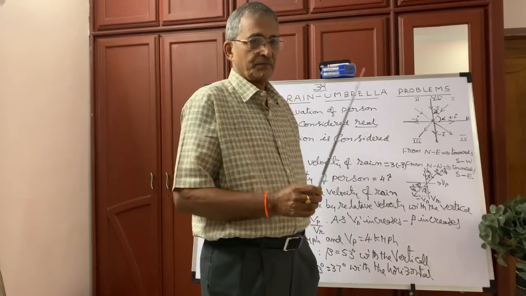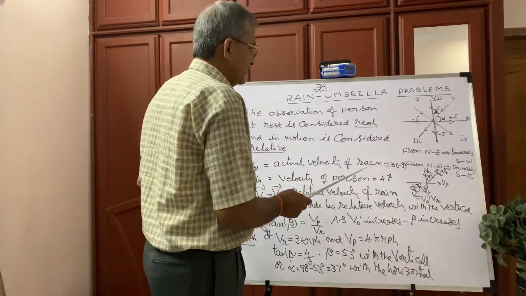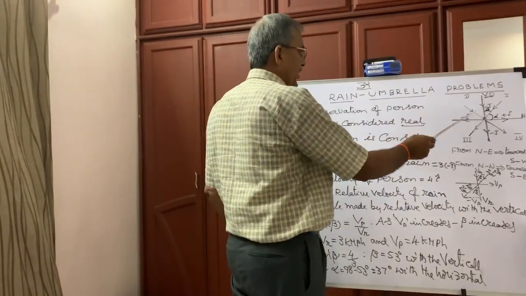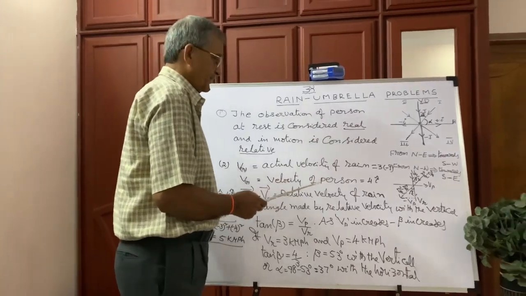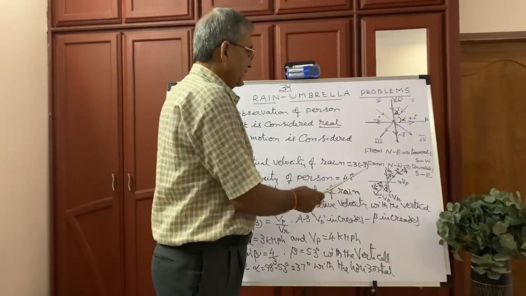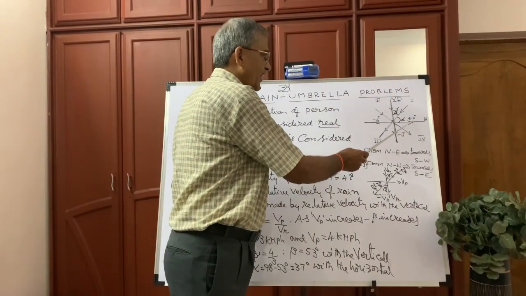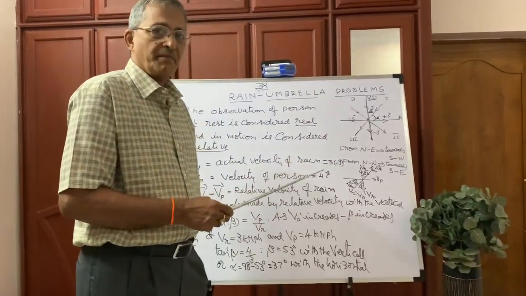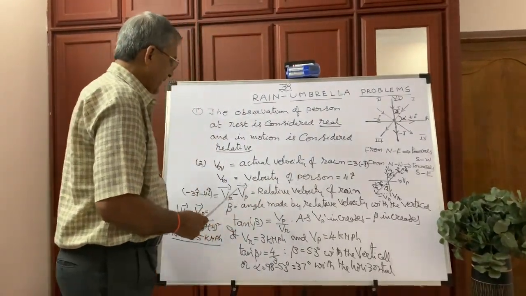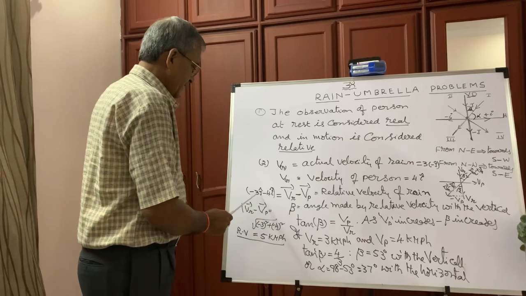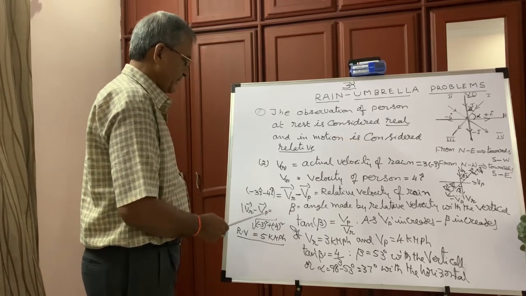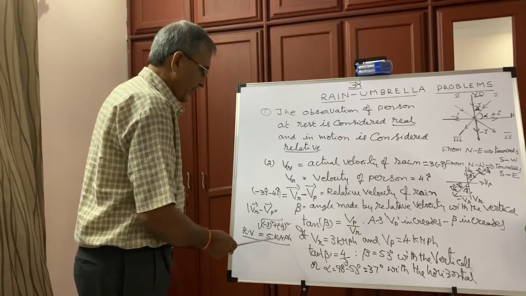So the problem is, if rain is falling vertically down with the velocity 3 kmph, and the person is moving horizontally with the velocity 4 kmph, then the relative velocity is nothing but minus 3j cap minus 4i cap, whose modulus is 5 kmph.